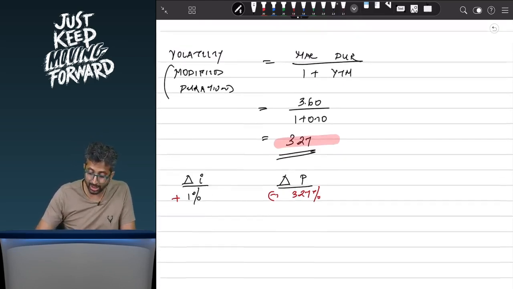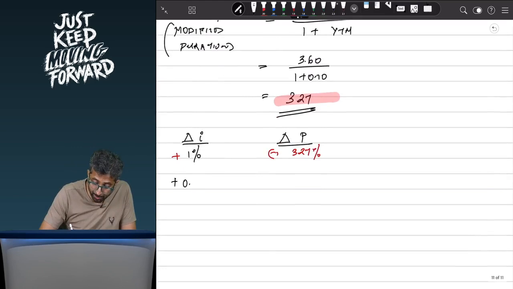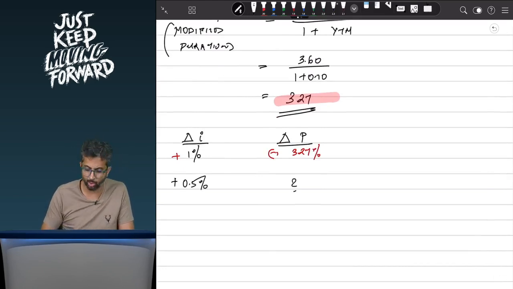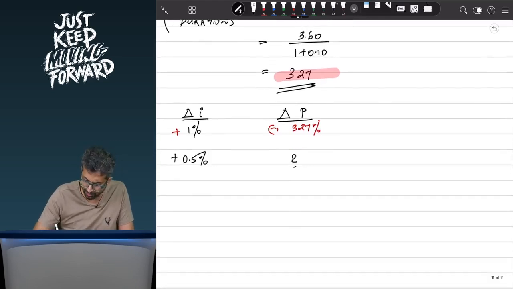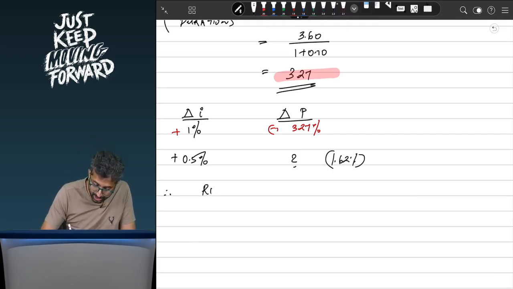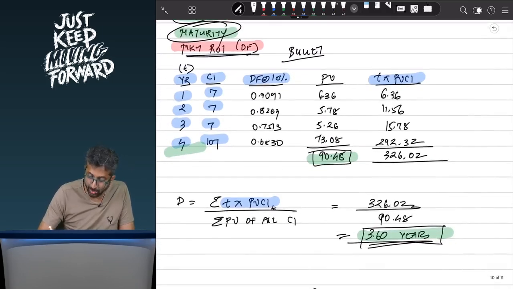However, you are expecting the interest rate to increase by only 0.5%. Then the bond price will fall by how much? It is like a cross multiplication: 3.27 into 0.5 upon 1 will come to around 1.62%. This will be the fall. Therefore, the revised bond price would be, well, my existing bond price was around 90.48.